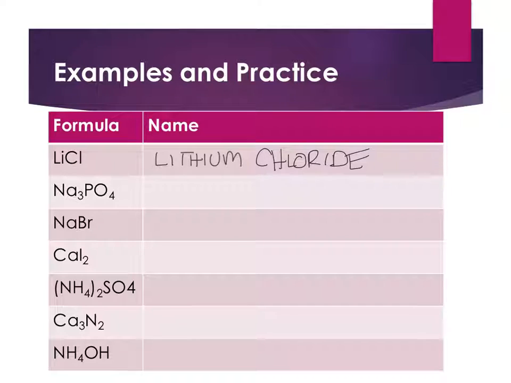Okay, now let's look at one with a polyatomic ion. So again, what is my cation? It's the sodium. Just because we have three of them, again, we don't write tri or triple or whatever. We just write the metal atom's name. So we're going to write sodium.